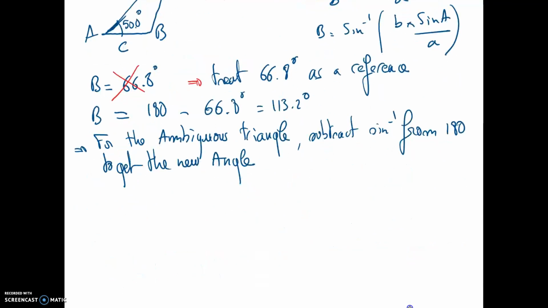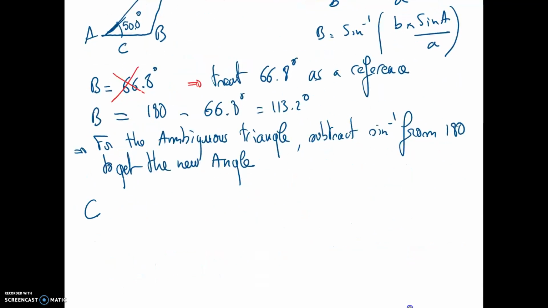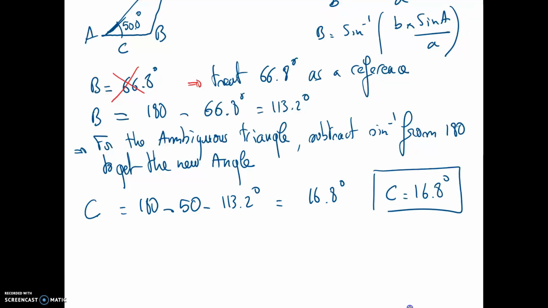Okay? Therefore, now it's pretty simple to say that the angle C will be equal to 180 minus 50 minus 113.2 degrees. That gives me a value of C of 16.8 degrees.